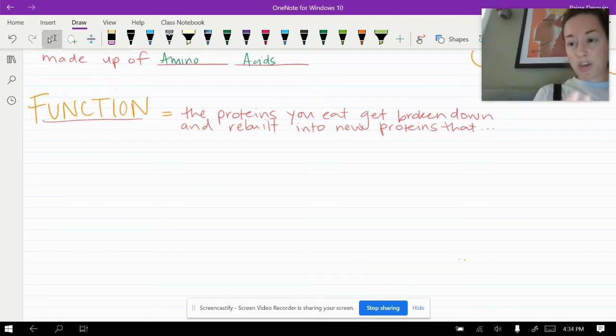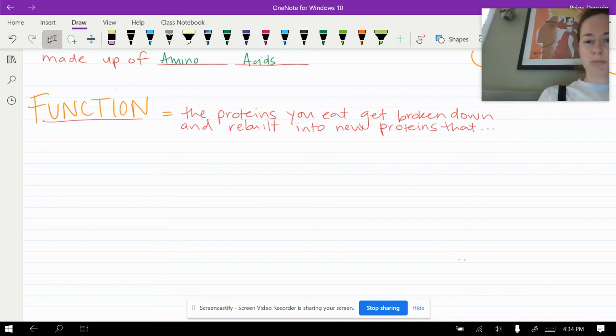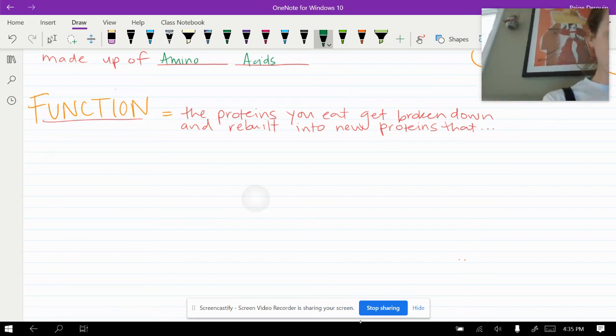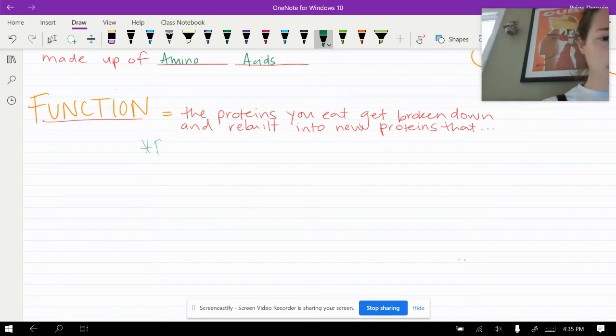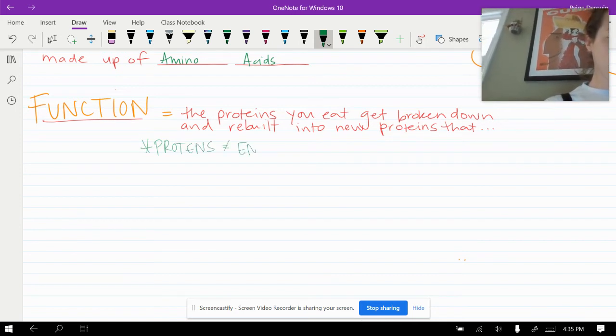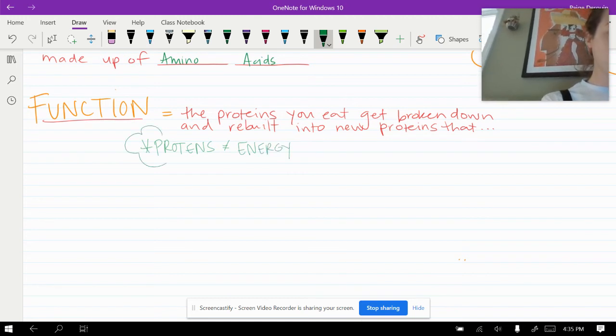So basically, you kind of are whatever you ate, because the amino acids that were in the protein you ate are being reformed into the proteins that are you, which is crazy and pretty cool to think about. One thing that I just need to write that always happens is that proteins do not give you energy. Okay, they are not an energy source. The energy sources are carbs and lipids.